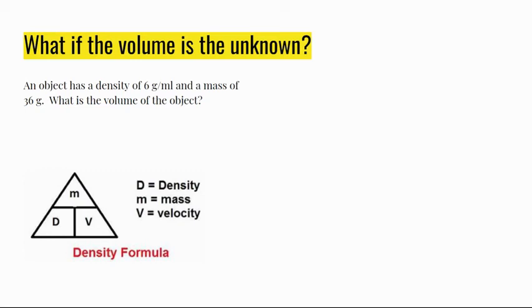All right, one more practice. What if we don't know the volume? So an object has a density of 6 grams per milliliter and a mass of 36 grams. What is the volume of the object? Pull out your variables. So density is 6 grams per milliliter, volume is the unknown, and mass is 36 grams.